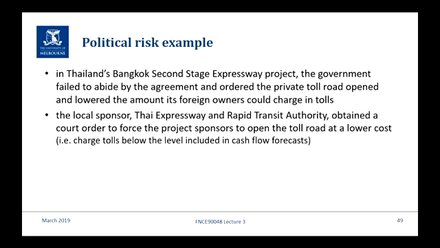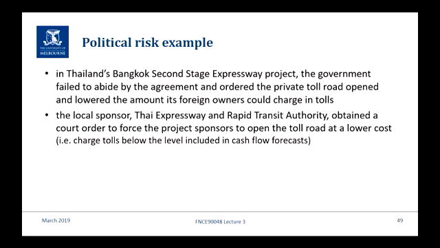It's usually a great thing for the cronies of governments. We don't know whether they paid for their 30% or whatever it was. But then they went turncoat on their co-sponsors. On behalf of the government, they took the co-sponsors to court and got the court order to open the road at the lower cost.